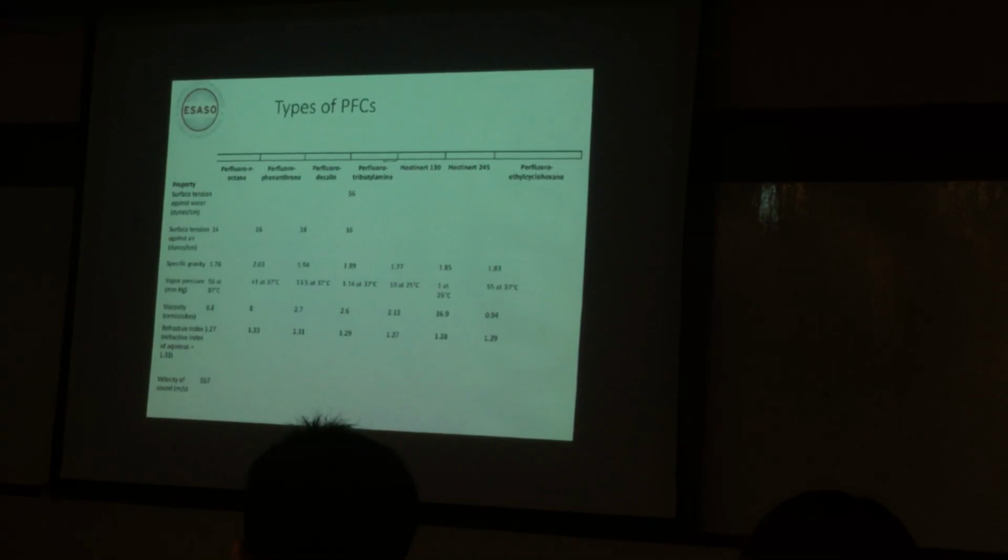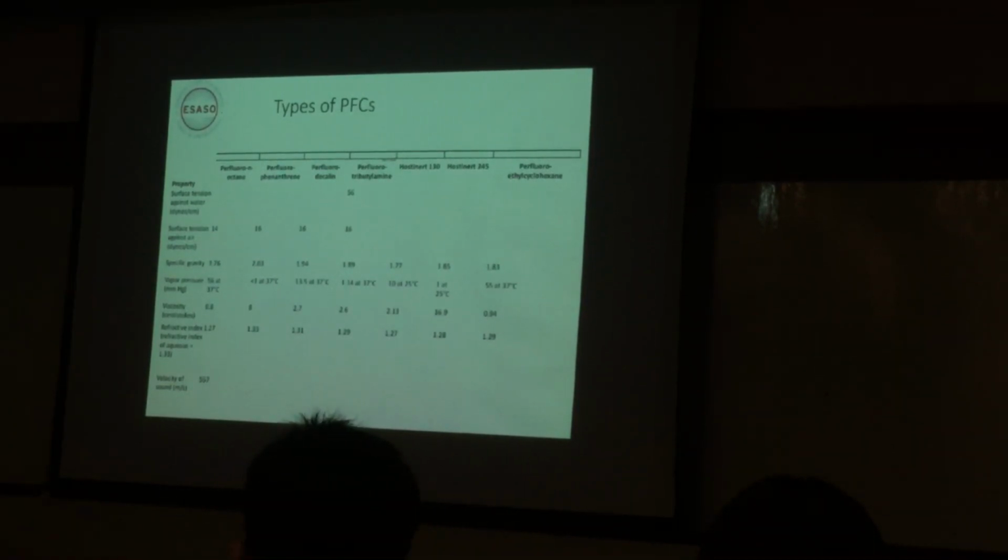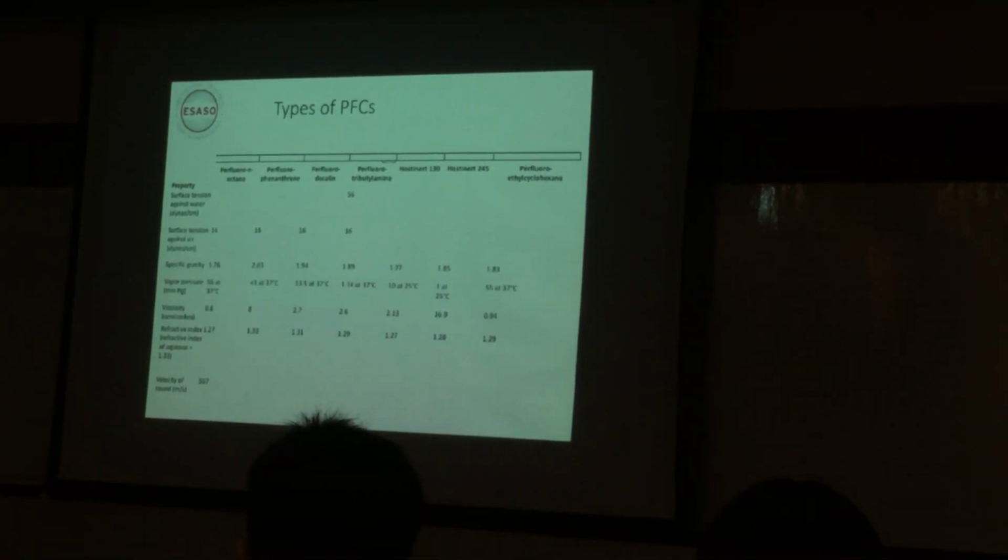The main property that you need to look for is the specific gravity, because that is much greater than water, so that it exerts a tamponade force on the retina, and the fluid gets displaced by perfluorocarbon liquids.